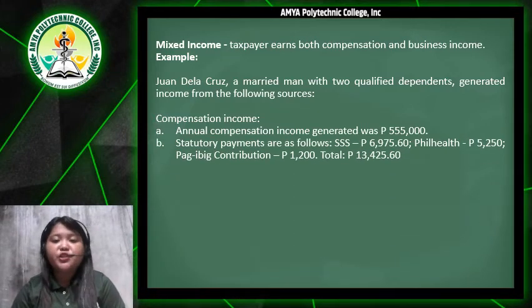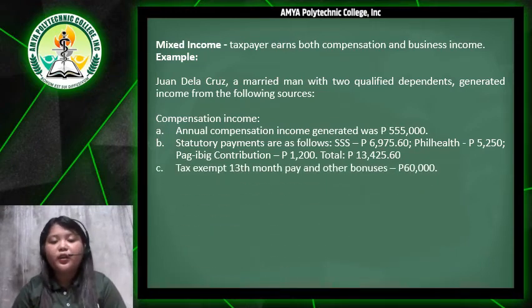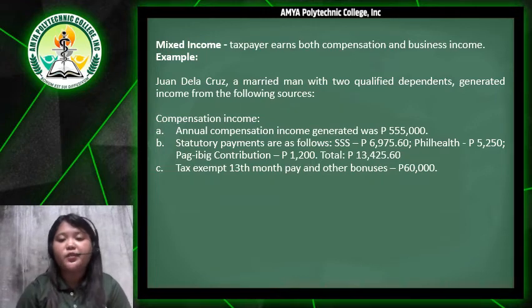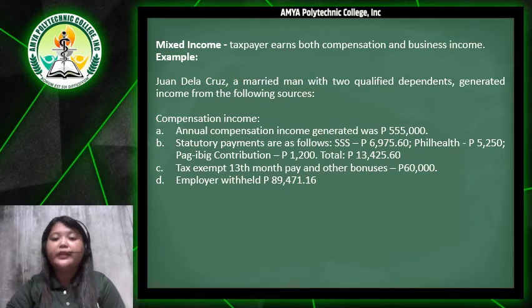The statutory payments are as follows: the SSS, PhilHealth, and Pag-ibig contributions for a total of 13,425 pesos and 60 centavos. The tax exemption for the 13th month pay and other bonuses is equivalent to 60,000 pesos. And then the employer withheld 89,471 pesos and 16 centavos.